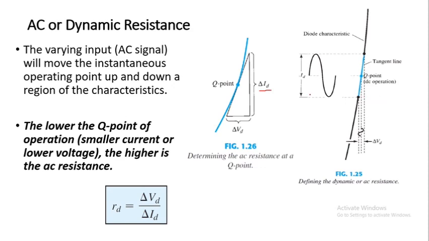On the vertical axis, we will have a change in ID, that is delta ID, and on the horizontal axis, we will have a change in VD, because we are changing the Q point or quiescent point. Now we can simply find AC or dynamic resistance with this equation, which says RD equals delta VD over delta ID.